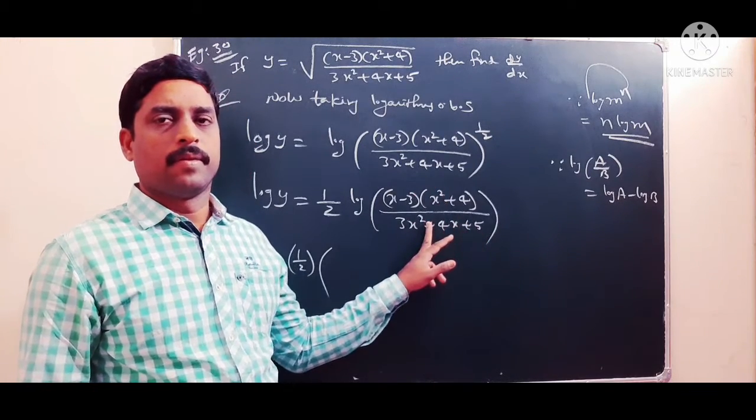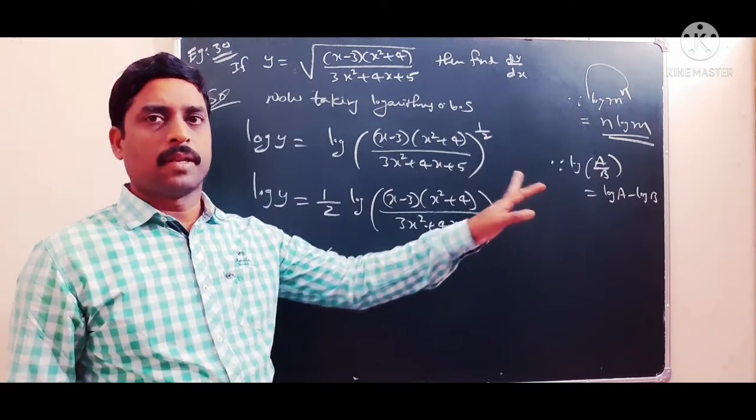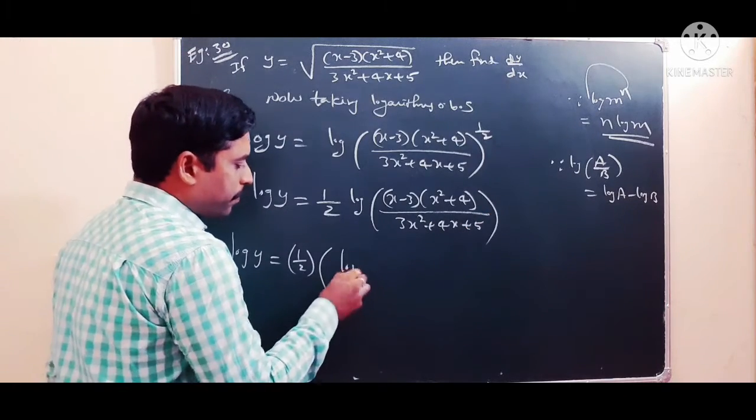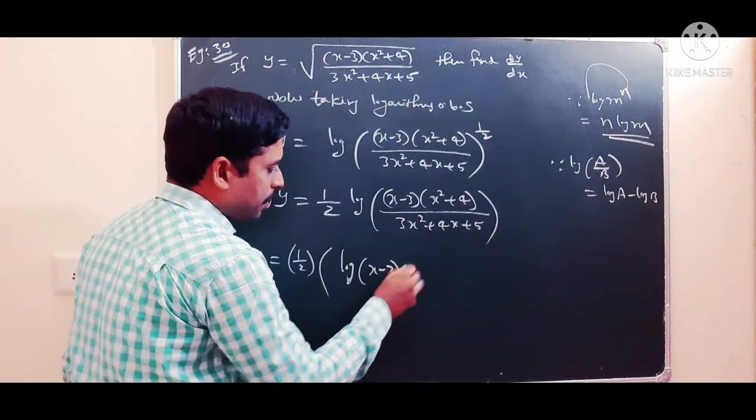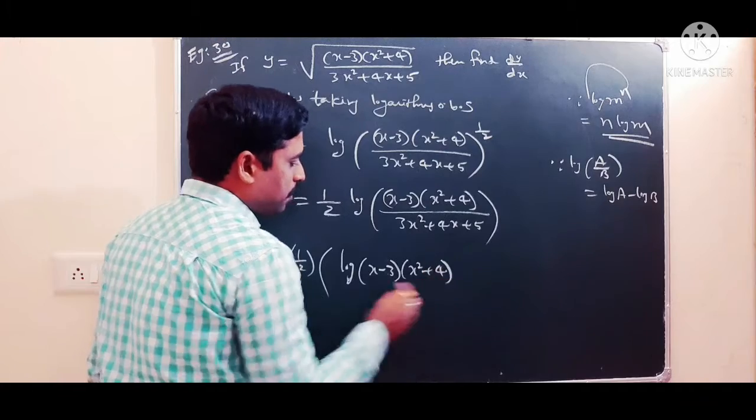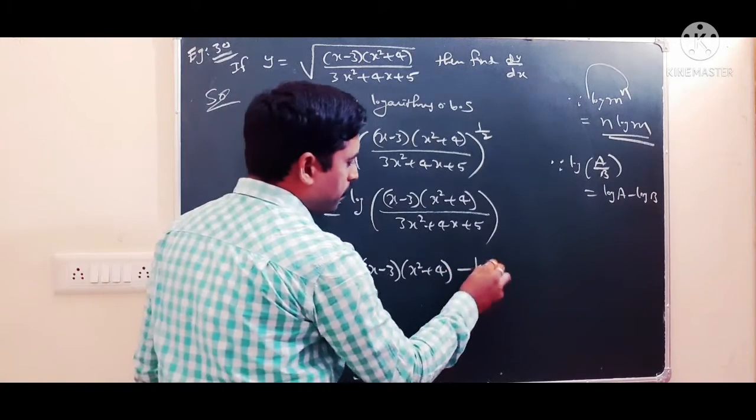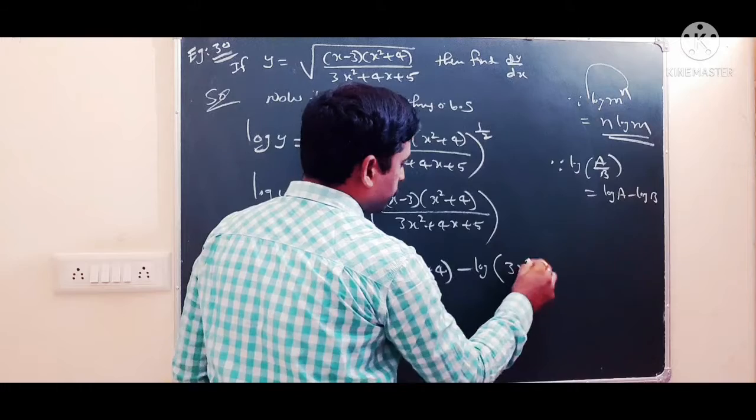Log a by b, we have the formula log a minus log b. So log of this numerator value, x minus 3 into x square plus 4, minus log of the denominator value.